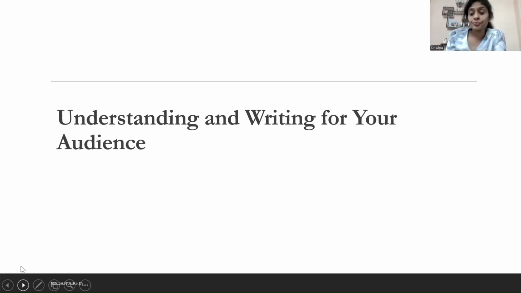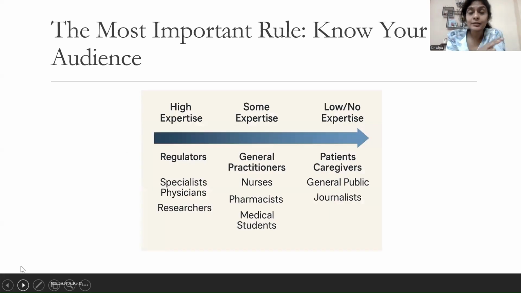Right? So the rewriting part can be different. The same scientific data can be translated in a different way depending on the type of audience you will be catering to.